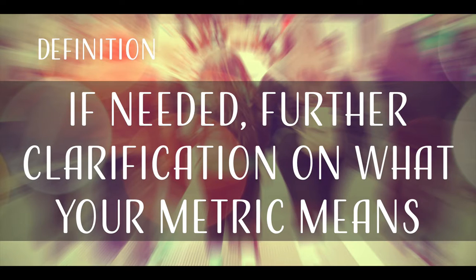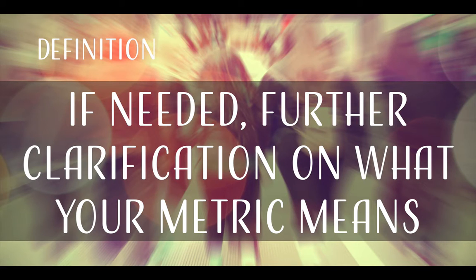So, for instance, if you had a metric that said, X percent of people that come through our program report a high level of confidence after they complete it, then you want to further define that metric because the word confidence is a subjective word. So if you find yourself saying a metric that has a subjective word in it, you're going to want to define what exactly you mean by that subjective word. So for confidence, we would say these people indicated a 5.